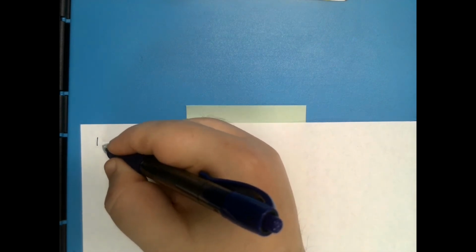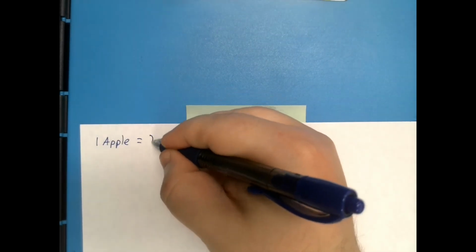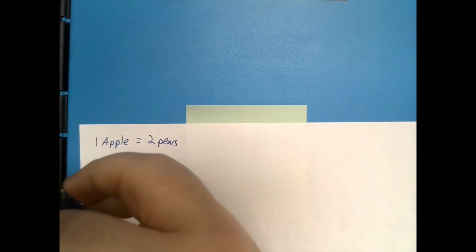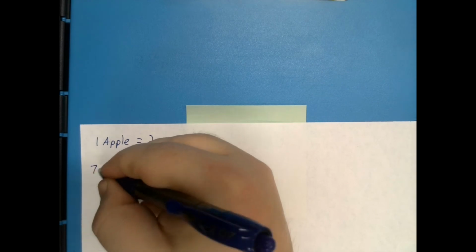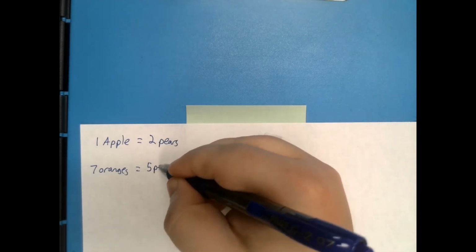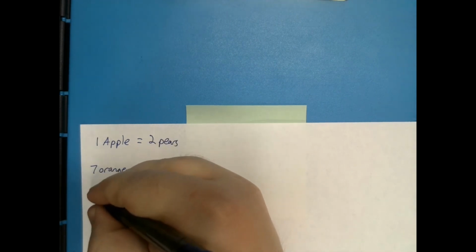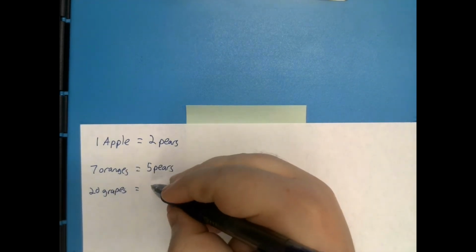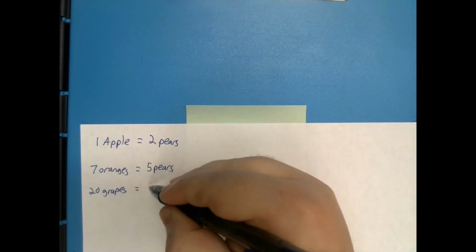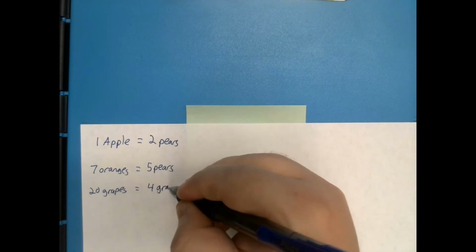Let's see if I can invent a problem. One apple is equal to 2 pears. 7 oranges is equal to 5 pears. 20 grapes is equal to 4 grapefruits.